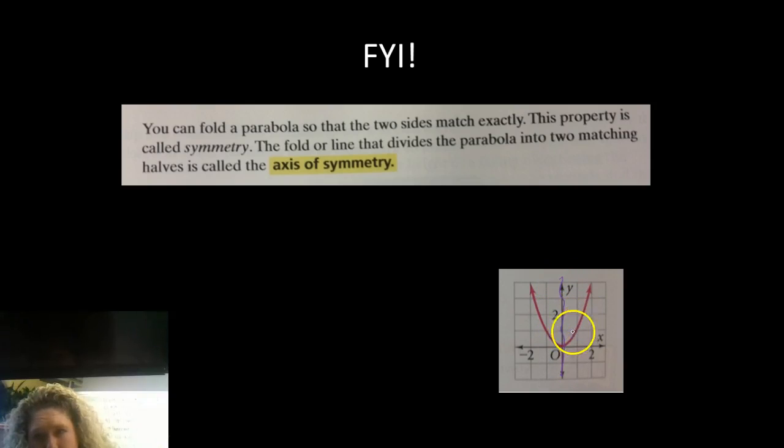But notice whether I go one spot over and one spot over, about 1.5, 1.5, almost 2, almost 2, it's the same when you fold it. That's symmetry.